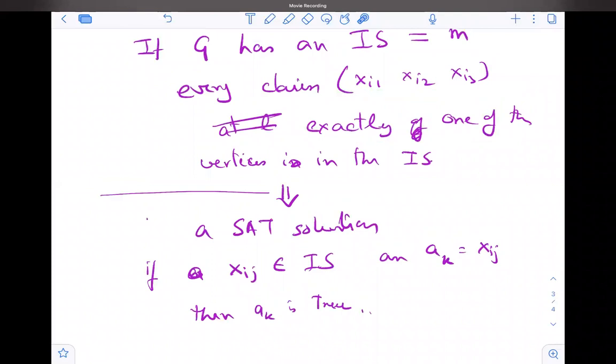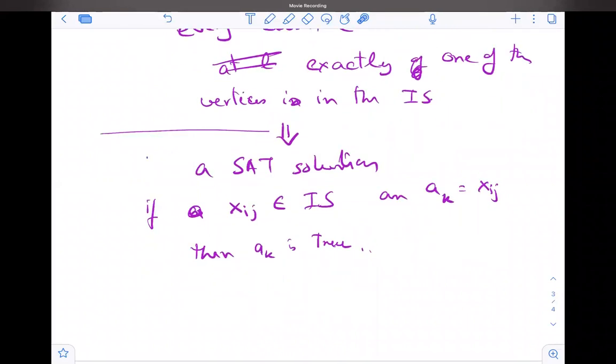That means if Ai and Ai complement are satisfied, Ai is satisfied, meaning by definition, Ak equals Xij, Ak complement equals Xrs, right? But because these two are complements, there's an edge between them. So not both of them.